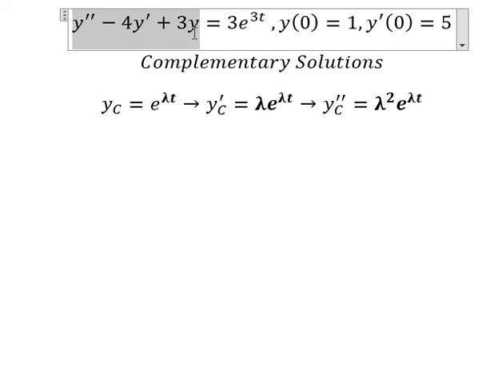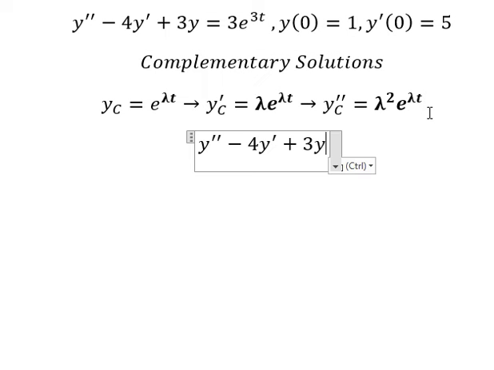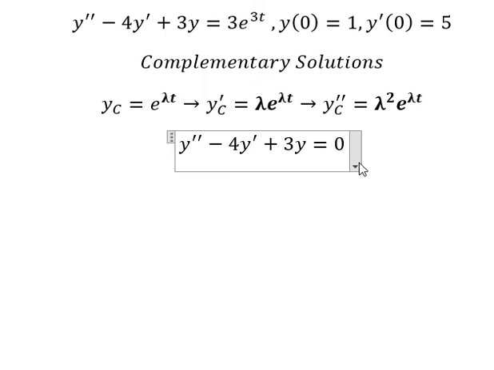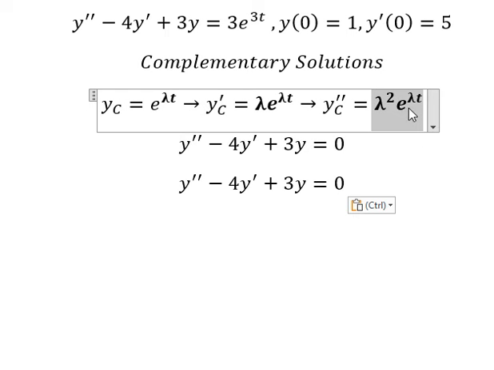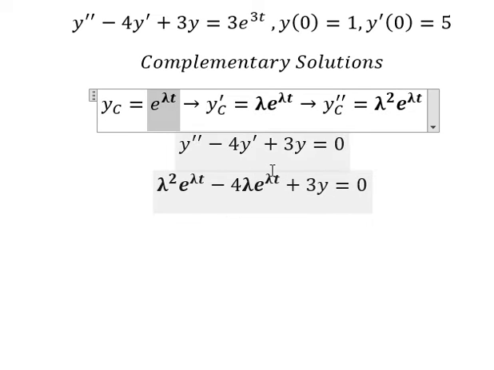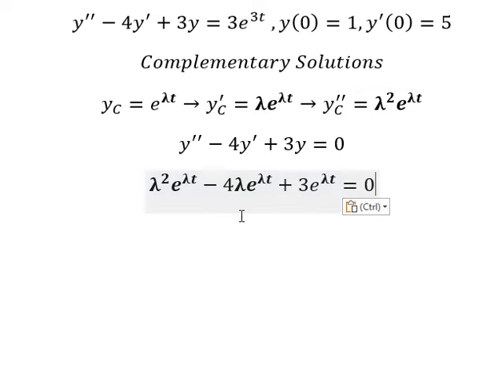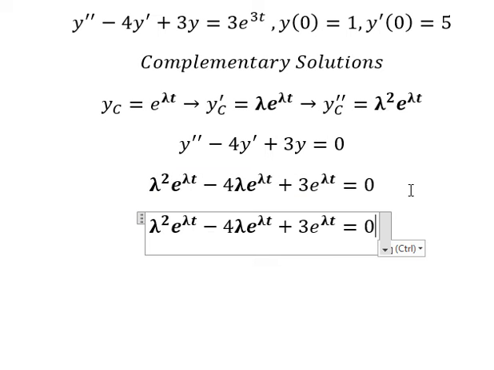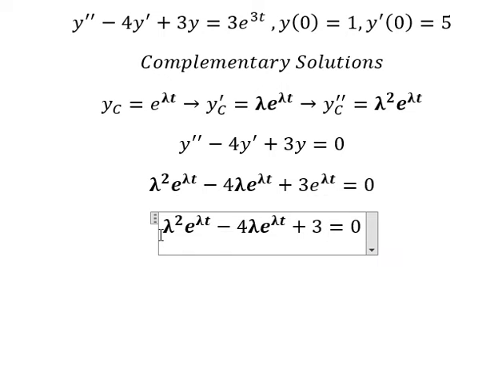and we have lambda squared e to the power of lambda t. Because this is about complementary solutions, this equals number 0. So I will put this one here, this one here, and this one here. For e to the power of lambda t, we can do factorization.